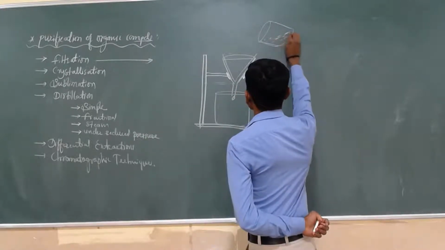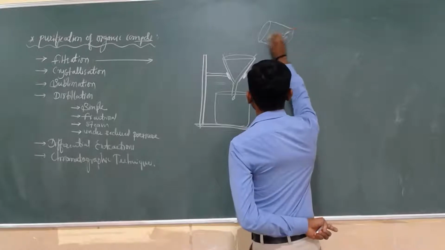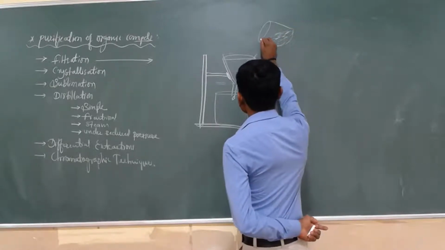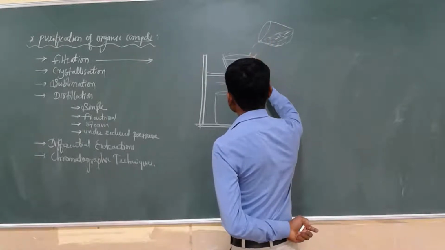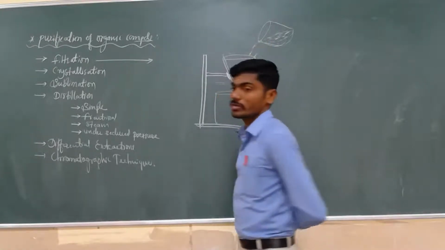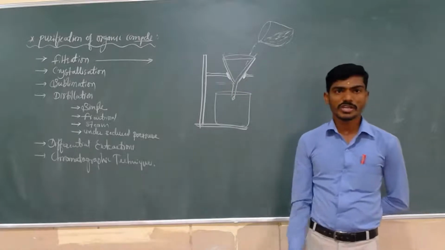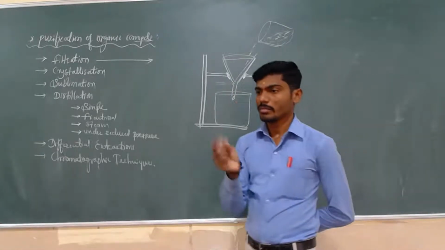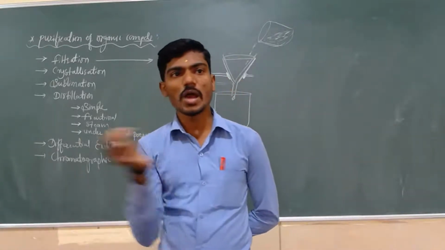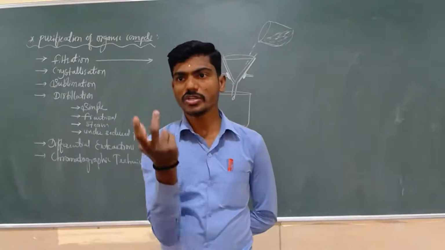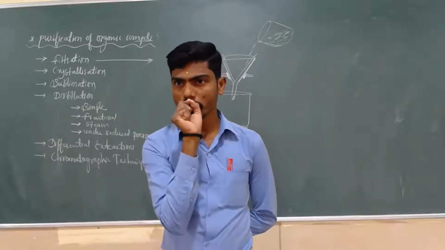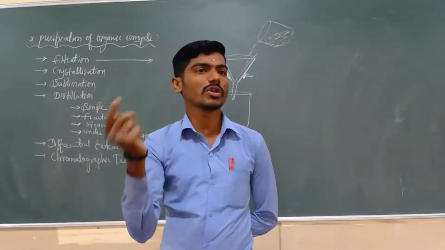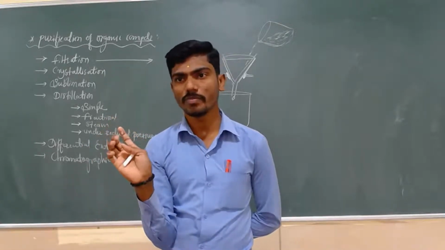First, the given compound is dissolved in a suitable solvent, in which only one component is going to dissolve. In a beaker, using a suitable solvent, I have mixed the given mixture of substances, in which only one component is going to dissolve in that solvent and the other remains as it is, insoluble.